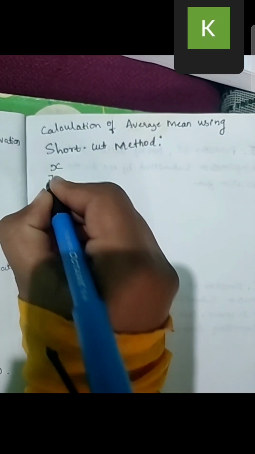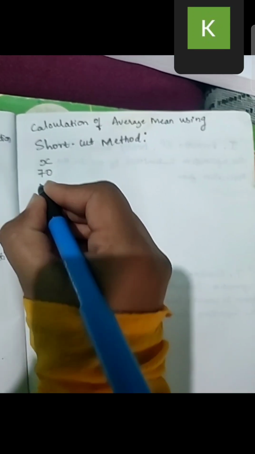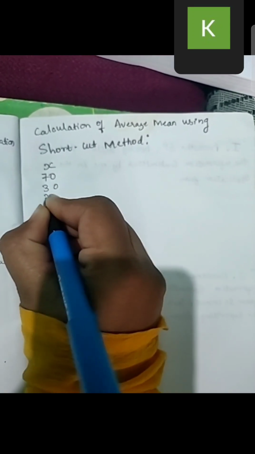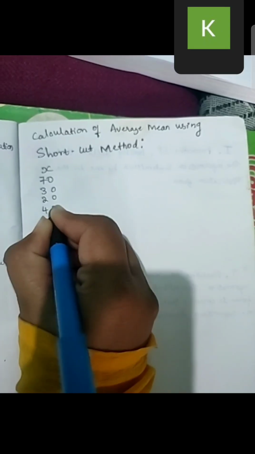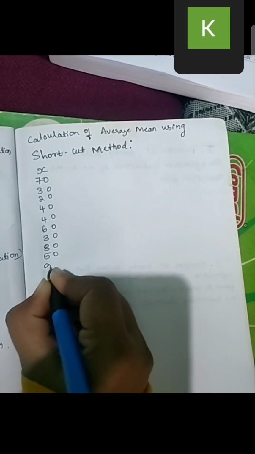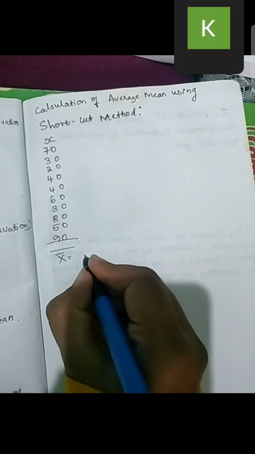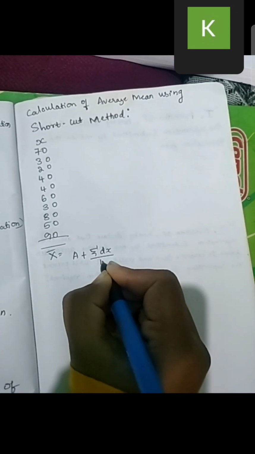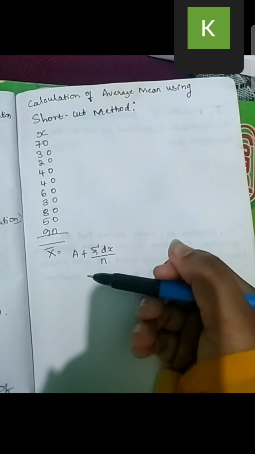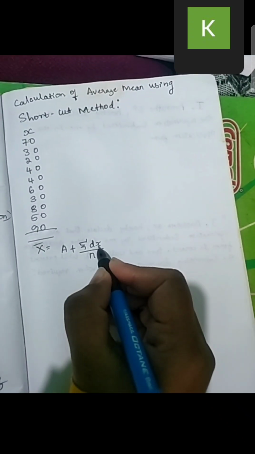My x here is 70, 30, 20, 40, 40, 60, 30, 80, 50, 90. My formula says x bar is equal to A plus summation dx divided by n. Now I have x.